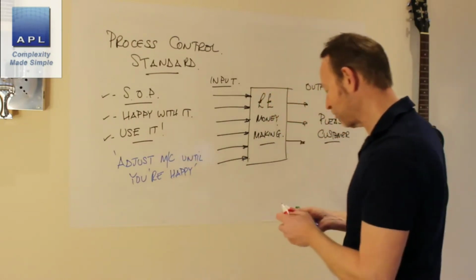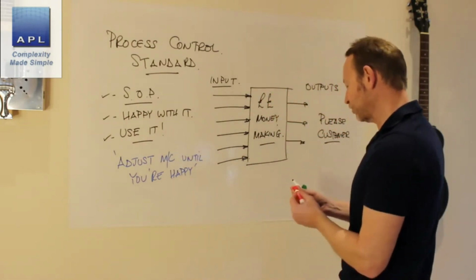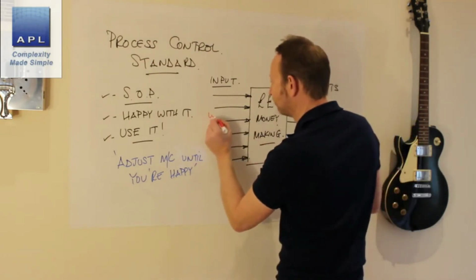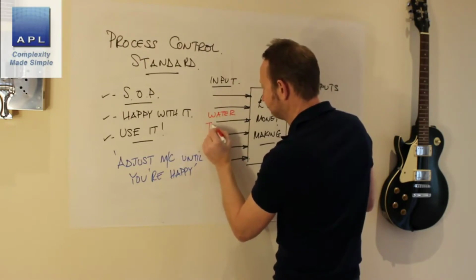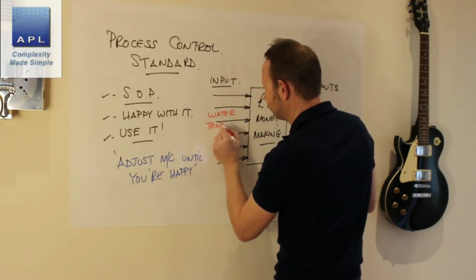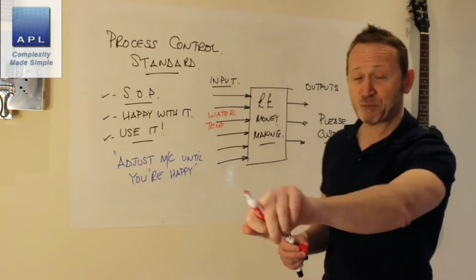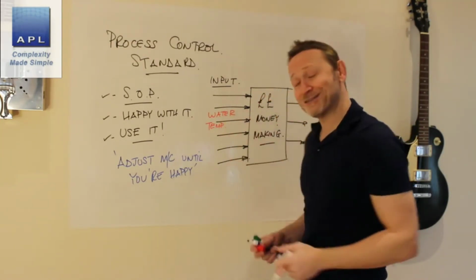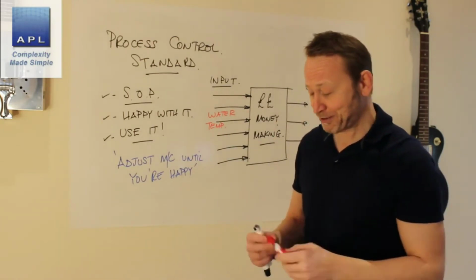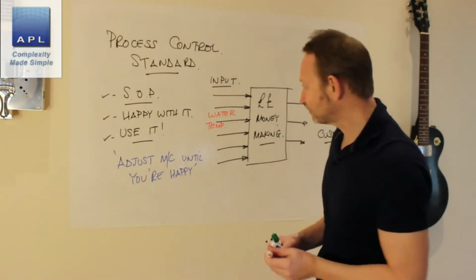Okay, so let me show you what we're going to do. So we've got water temperature. So here's the variable. Water temp. There's a dial on the machine. Operator's got to set it. It's very straightforward. All we have to do is tell him a number, give him the number, and let him dial it in.